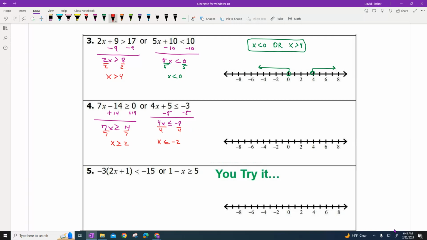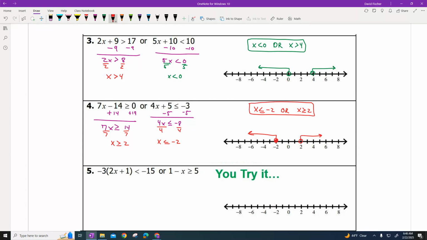Now, again, I'm comparing. Negative 2 is smaller than 2, so I'm going to go over here to write my answer. So it's nice and easy and right above my graph. I'm going to write or X is greater than or equal to 2. Negative 2 is smaller than 2. Let's go fill in our graph. Closed circle on negative 2, and open circle on 2, going this way. Box your answer.